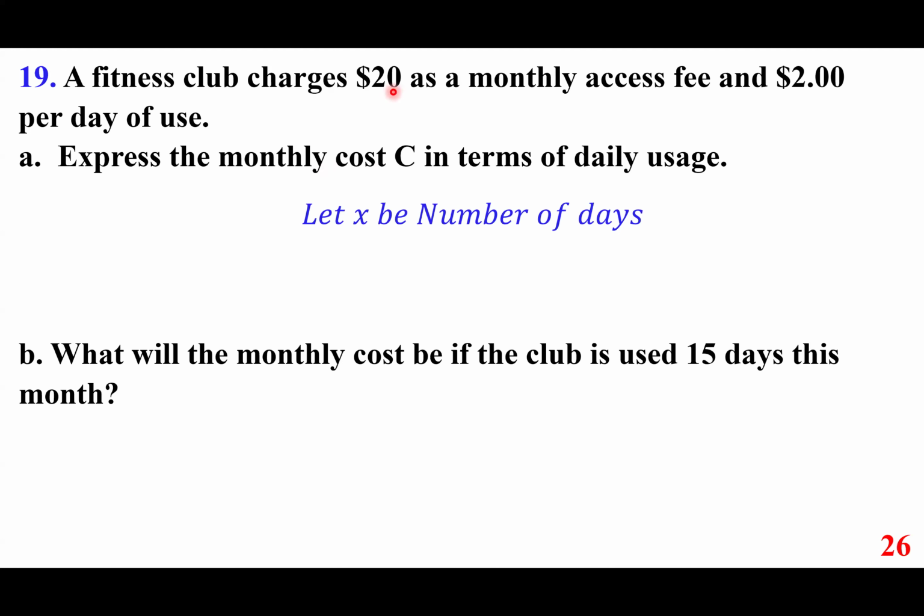We have a fixed cost of 20 and 2 per day. So 2X plus 20. Please understand this is the slope in essence. And think of Y equals MX plus B. This is M. This is B. Instead of Y, we are going to use C.